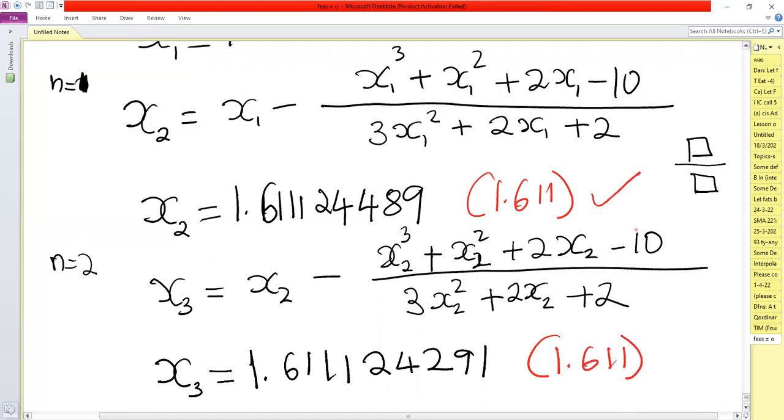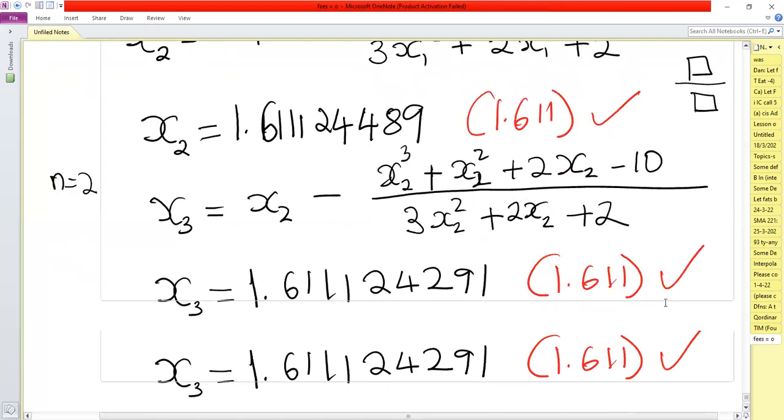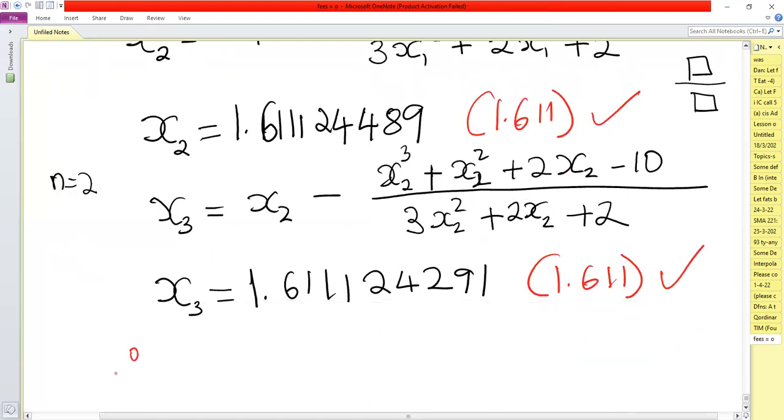Now, since x2 and x3 give the same value, then you say the solution is x equals 1.611 to the nearest 4 significant figures. Confirm that if you go to the next step, x4 will give you the same value as we have in x3. So that is how we apply the Newton-Raphson method to that particular problem.